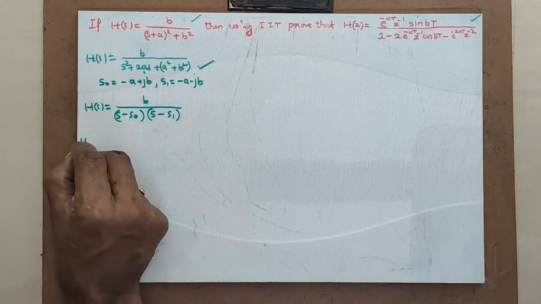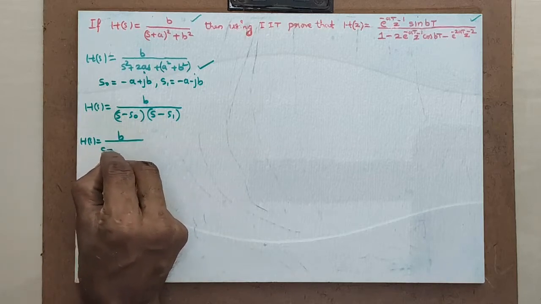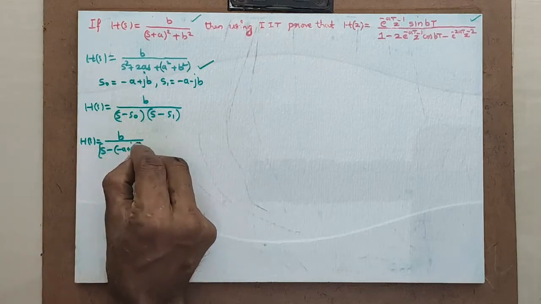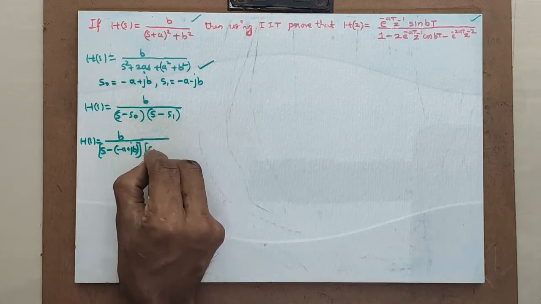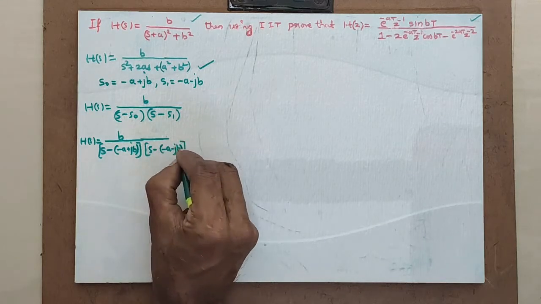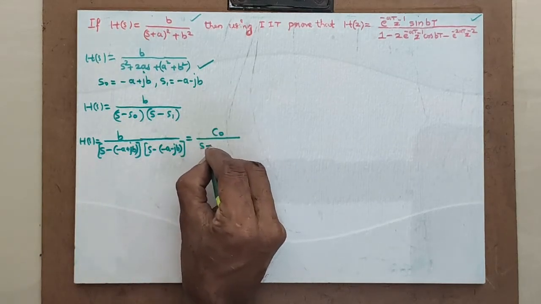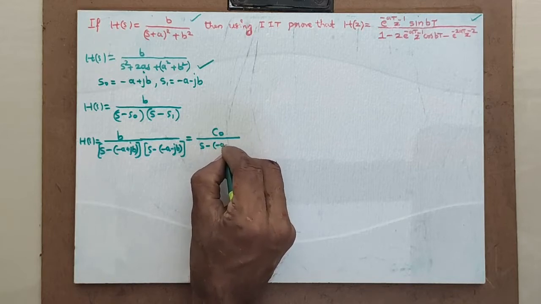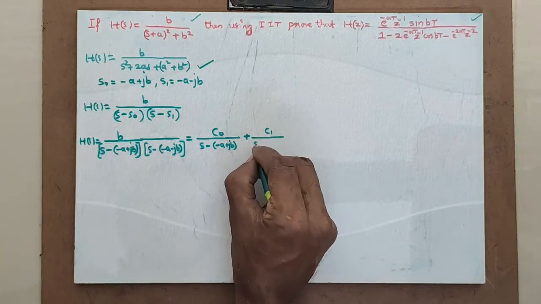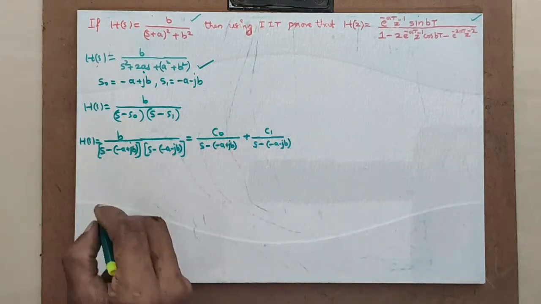Hence H(s) is equal to b divided by (s minus s0), s0 is minus a plus jb, (s minus s1), s1 is minus a minus jb, is equal to c0 divided by (s minus s0) plus c1 divided by (s minus s1), that is, minus a minus jb.